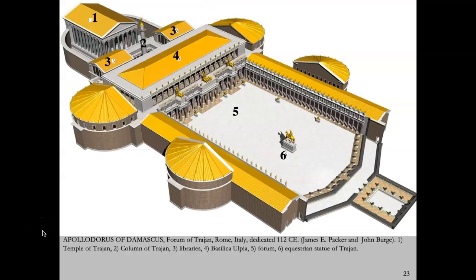Now, Old St. Peter's is what we call the basilica plan, and that is because it is based on a Roman prototype of the basilica. I'm showing you here the Forum of Trajan, which you might recognize. The Forum of Trajan essentially has a basilica right through the center of it, which is called the Basilica Ulpia.